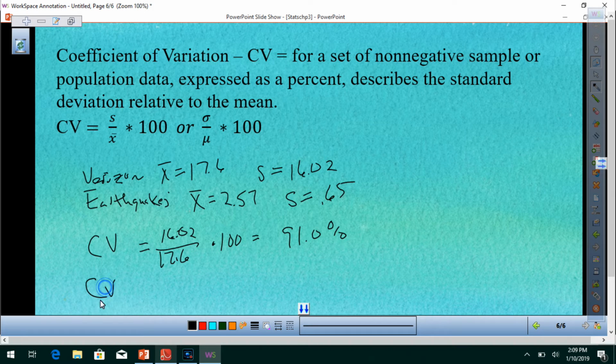The coefficient of variation for earthquakes is 0.65 divided by 2.57 times 100, which equals 25.3%. So we can see that the Verizon data speeds vary considerably more than earthquake magnitudes. Isn't that cool?